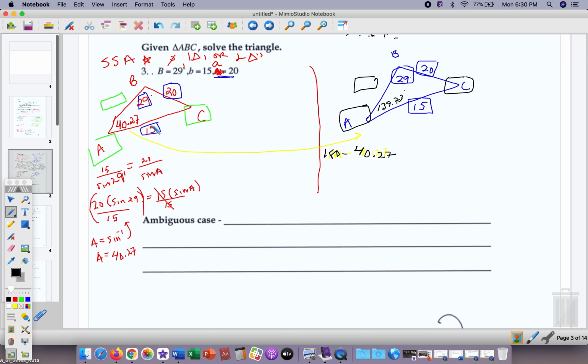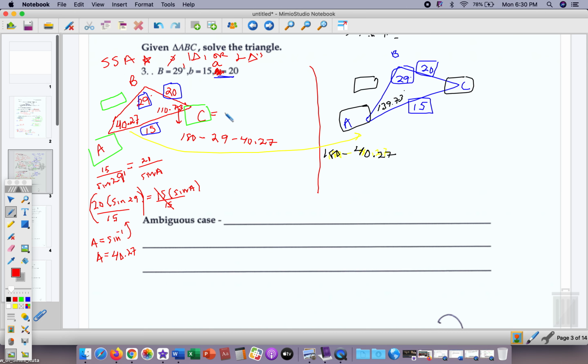And then we'll go back to the left triangle and we'll search for angle C. So angle C would be 180 minus the two interior angles. In the triangle, 29 minus 40.27. And so angle C would be 110.73 degrees.